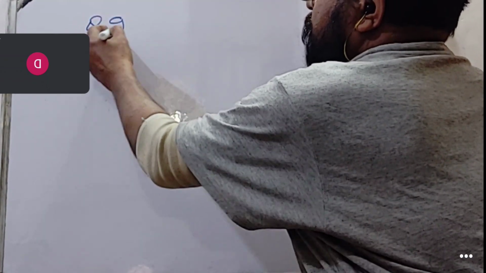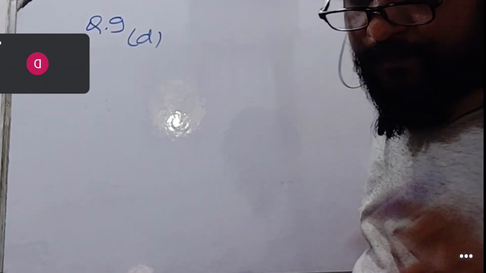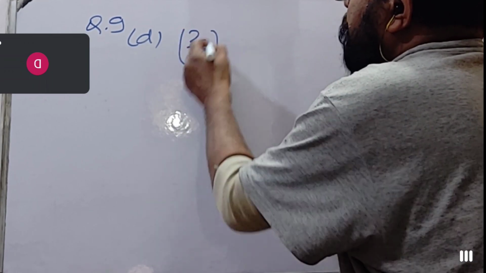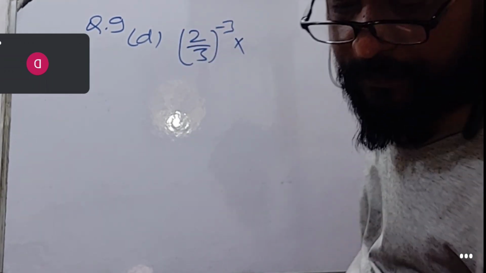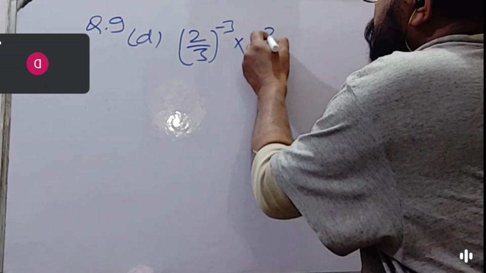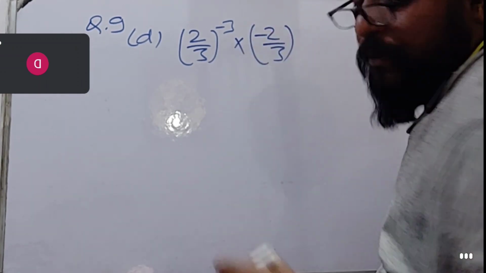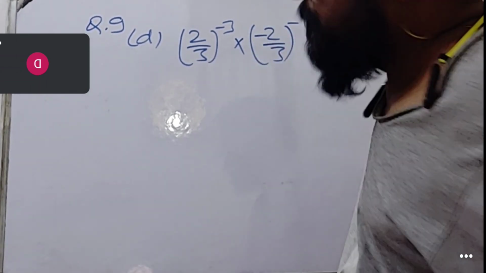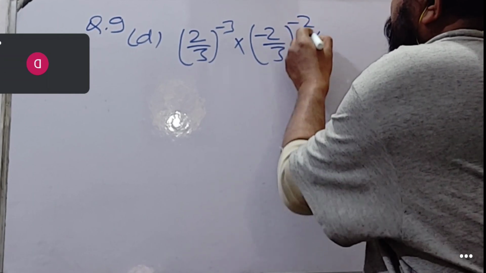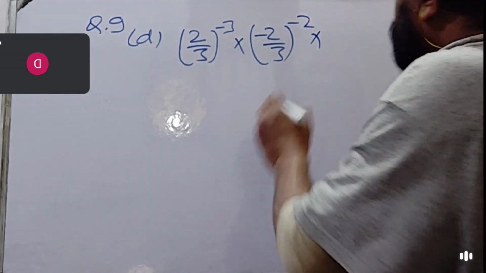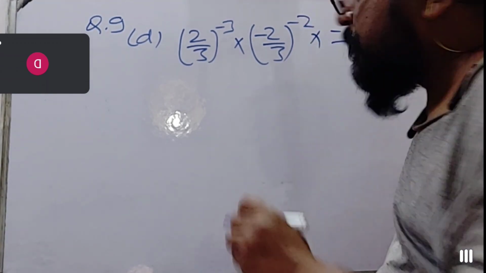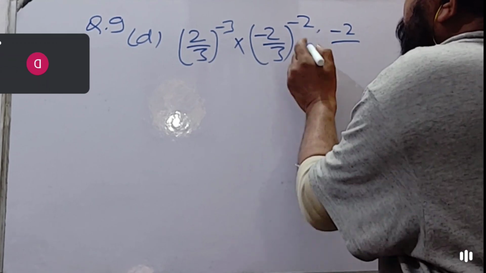Okay, question number 9, part D. 2 upon 3 whole power minus 3 into minus 2 upon 3 whole power minus 2 into minus 2 upon 3... Oh, sorry, this is in division.